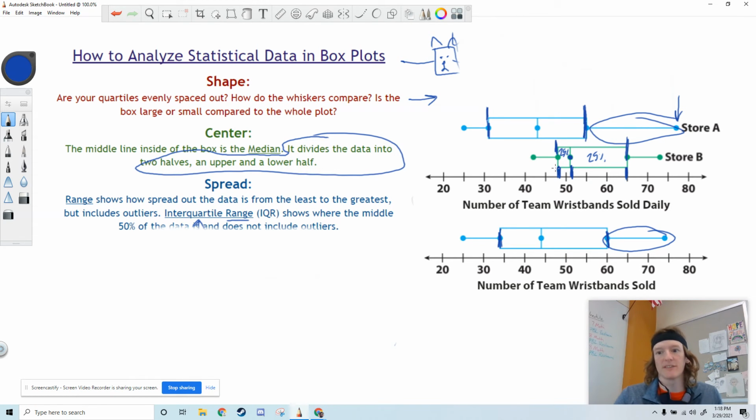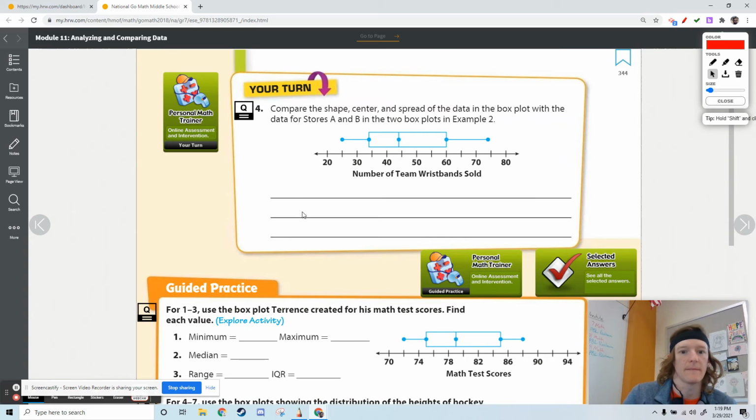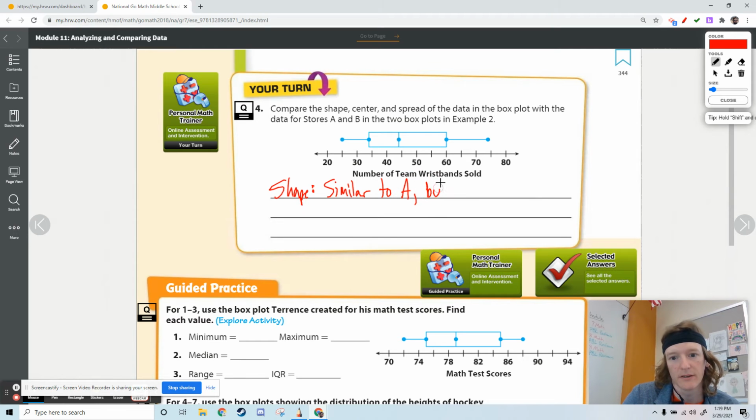The shape is very similar to store A, but the right whisker is a little bit shorter. So let's go ahead and say that. The shape, similar to A, but right whisker is a little longer.